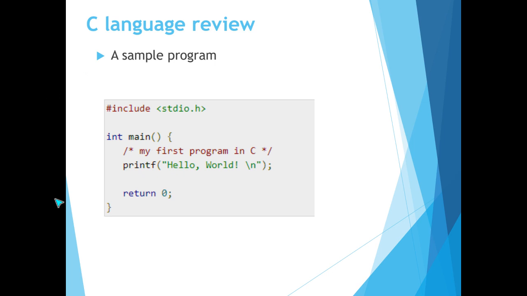So here, as you see, this is a sample program. It's starting with a preprocessor. It should be started with a preprocessor: number sign, include term, and a header file, which is related to our C program. Then our main function.